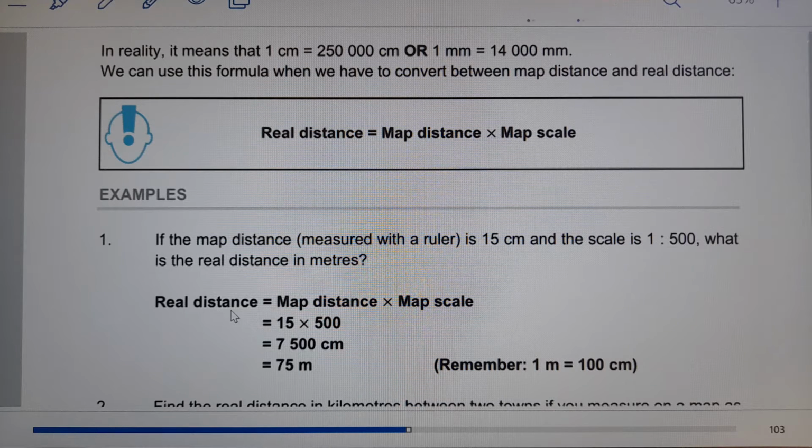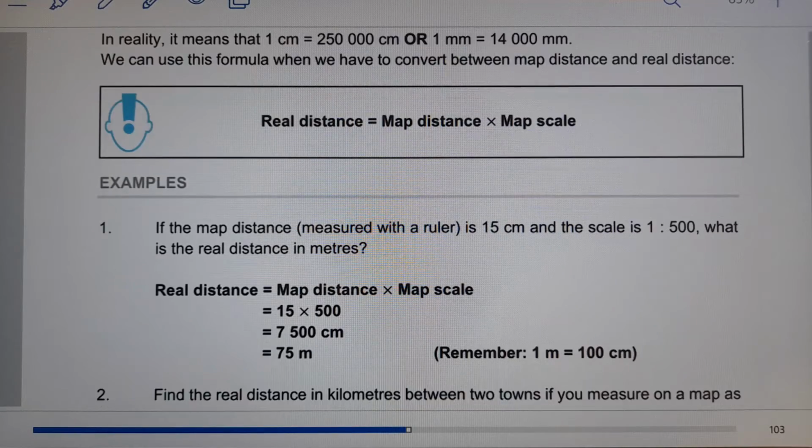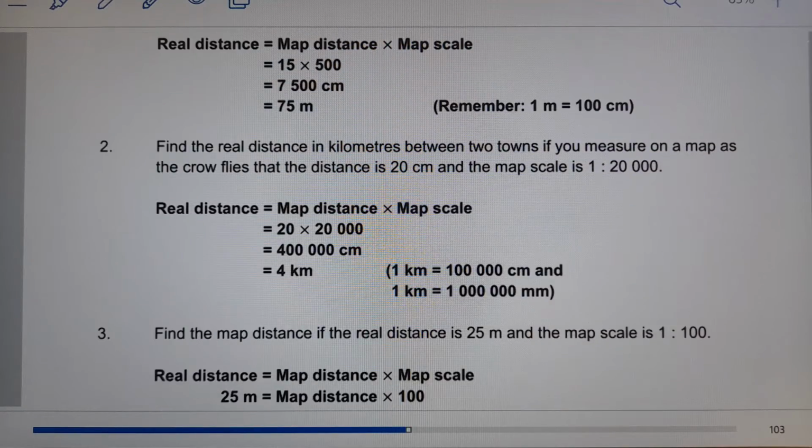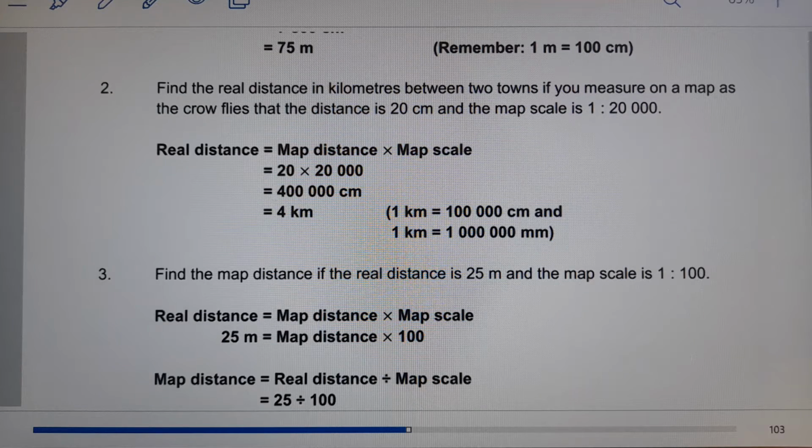Then the real distance would be 15 times 500 and that would give us 7,500 centimeter. Then we can convert centimeters to meters. You know how to convert. King Henry died miserable death called missile. You remember that?